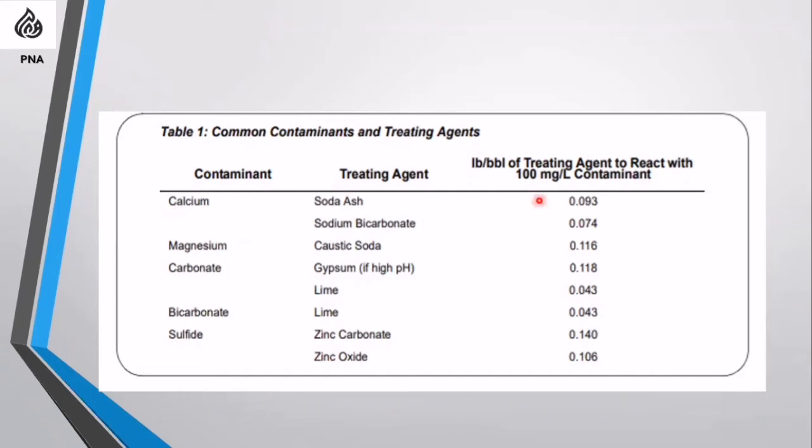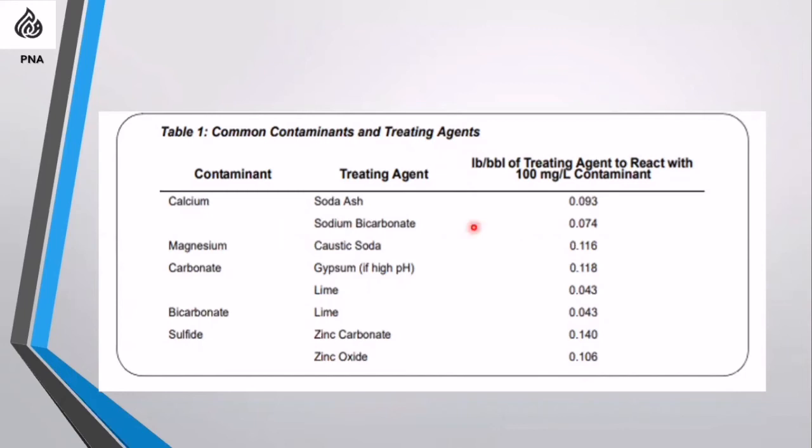We multiply the concentration of calcium by this factor, 0.0093. Multiplying by 1000 milligram per liter of calcium gives us pounds per barrel of soda ash, and after that we can know how many sacks of soda ash are needed as per the mud volume you have.